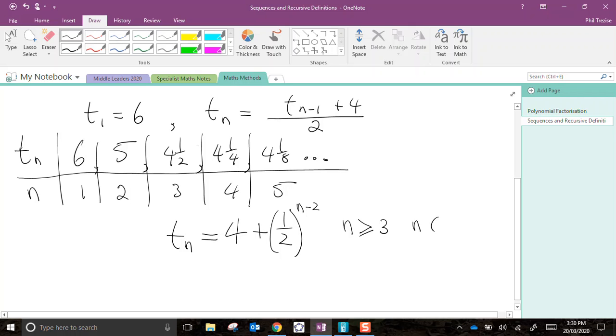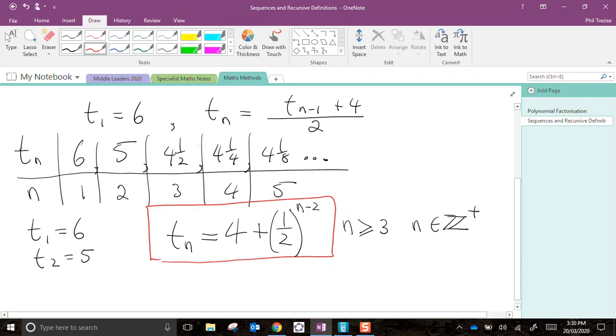Now that rule would work nicely if n was greater than or equal to 3. And once again, n would have to be part of the set of positive integers. No fractions, no negatives. Now how do we go for term 1 and term 2? Well, we put them in the too hard basket and we just say term 1 is 6, term 2 is 5, because they don't fit the pattern that we saw, but that pattern carries on from term 3 onwards.